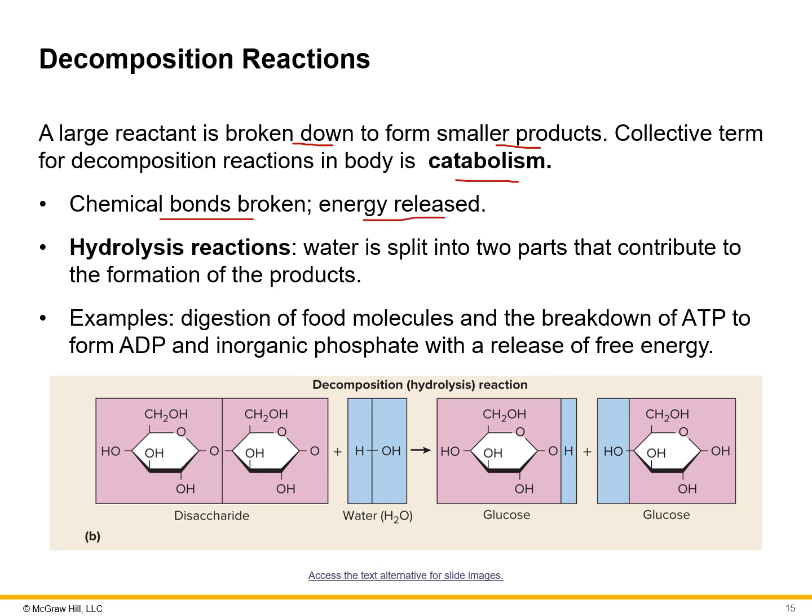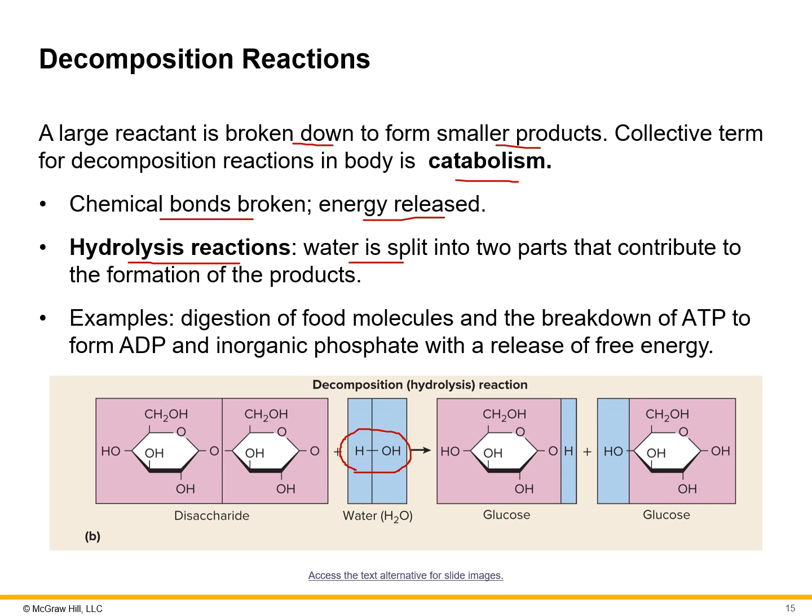And the opposite is going to be true regarding water. For synthesis, we had dehydration. For these, it's going to be hydrolysis. We're going to need a water molecule to provide that hydroxyl and hydrogen group that we had removed originally in the synthesis reaction.